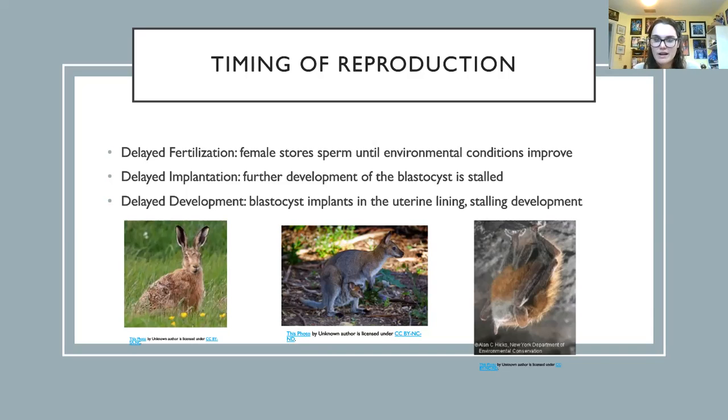So it's better to raise babies when there's a lot of food than when there's not as much food available. And specifically for bats, this could be useful because bats are colonial. This can cause synchronous parturition, which is beneficial for all of the bats in the colony.